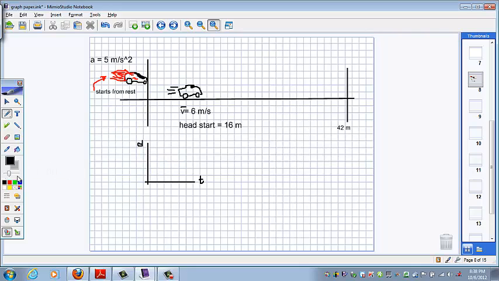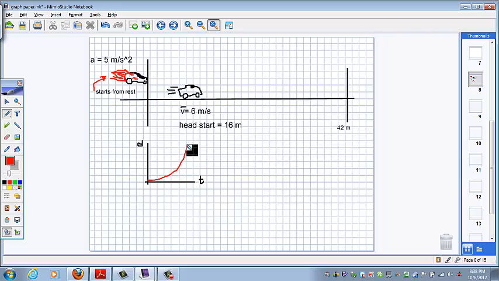So first, before we do any equations here, let's think about what the graph's going to look like for each of these guys. This guy's starting from rest, so his starting slope will be very low because he's got no velocity to begin with. But then as time goes by, his velocity will get faster and faster, so his slope steeper and steeper.